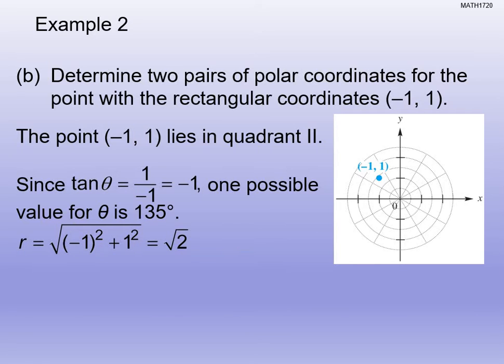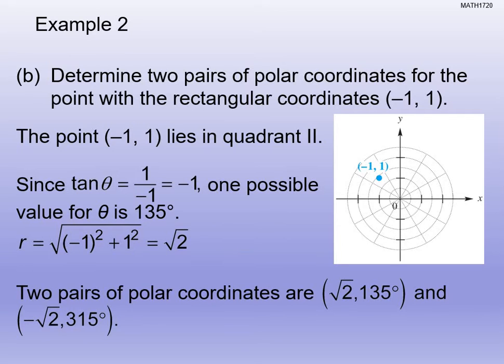Okay, so now we want to find 2 other pairs of coordinates that terminate in the same location. Okay, so we found the solution of where we want to end. We want to end at square root of 2, 135. Now we want to find some other possible coordinates that get us there.